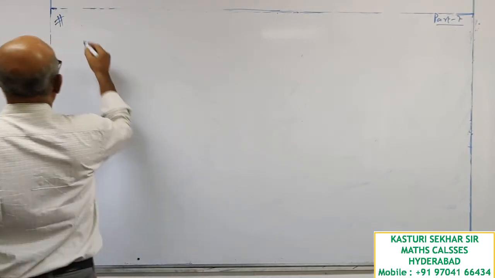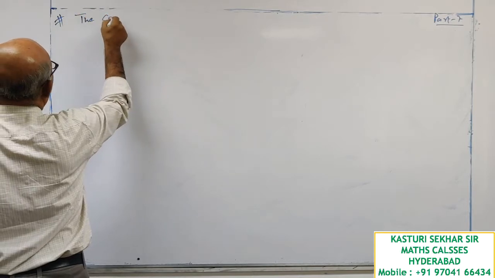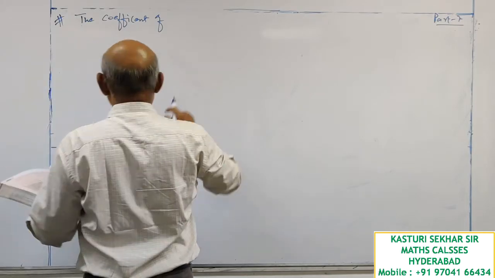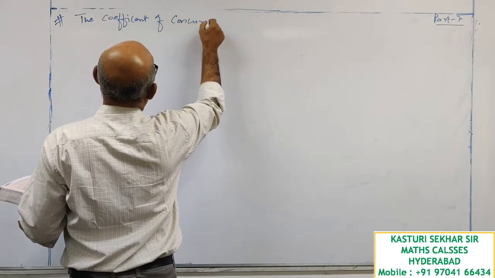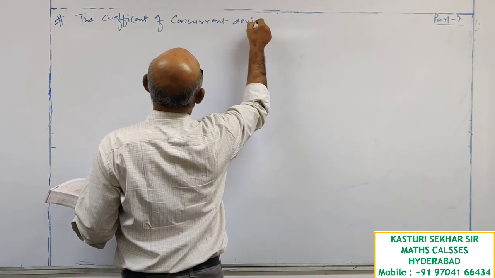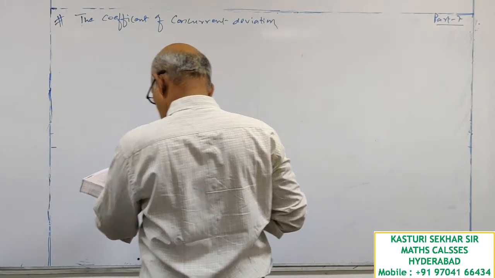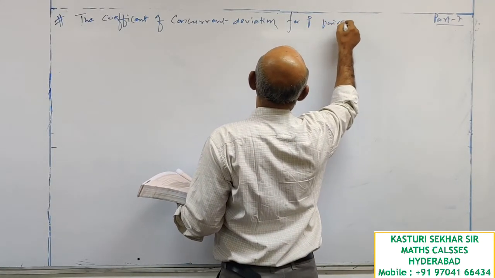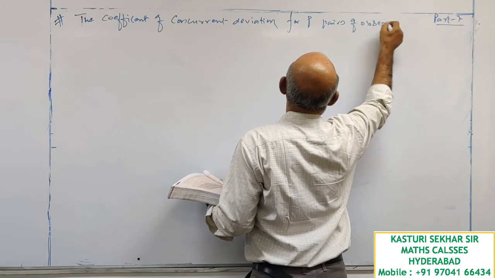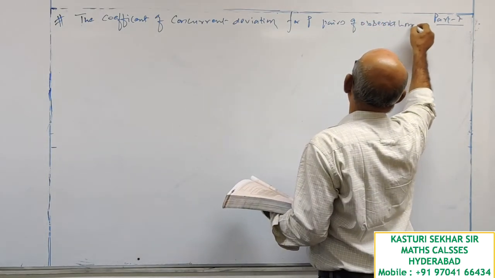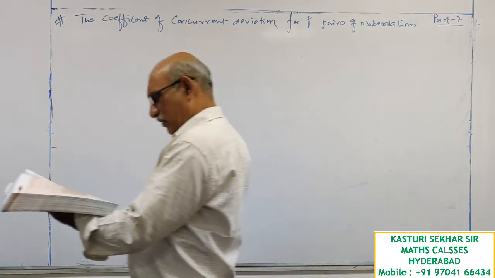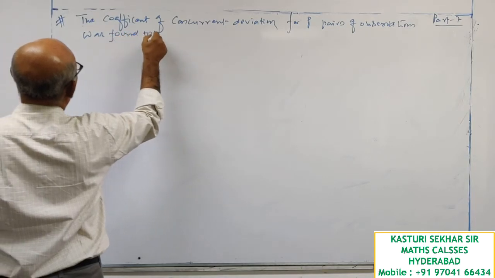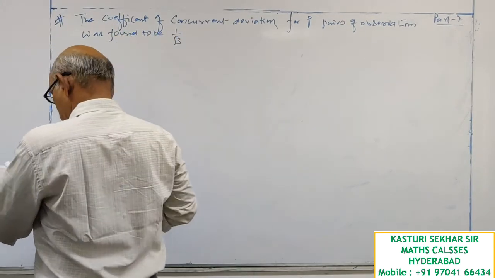The coefficient of concurrent deviation for p pairs of observations was found to be 1 by root 3.